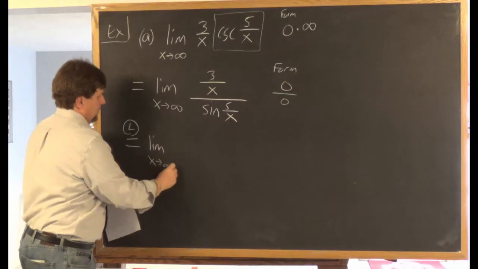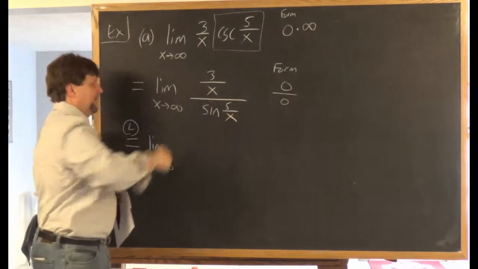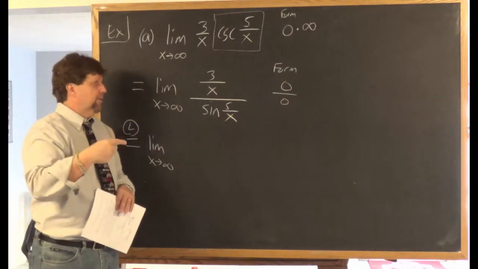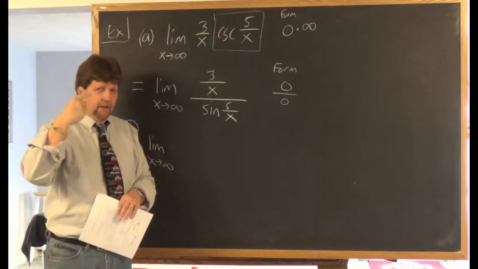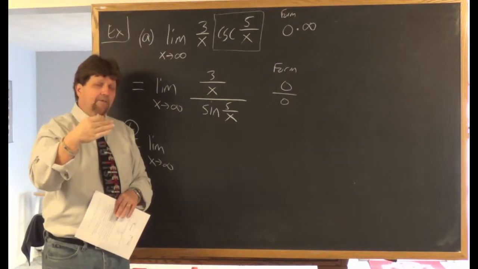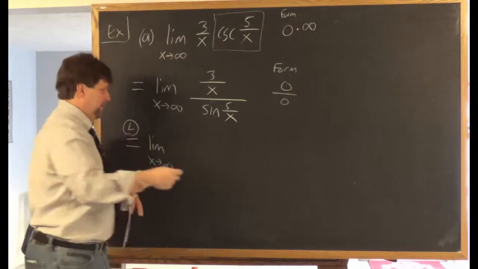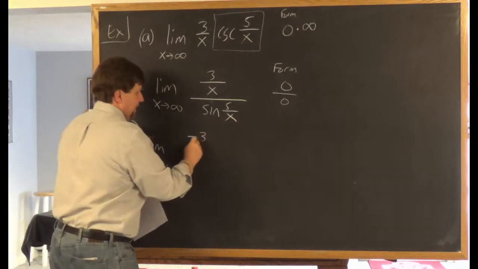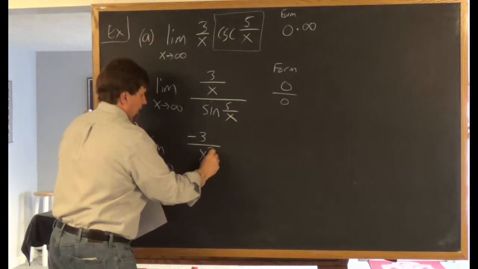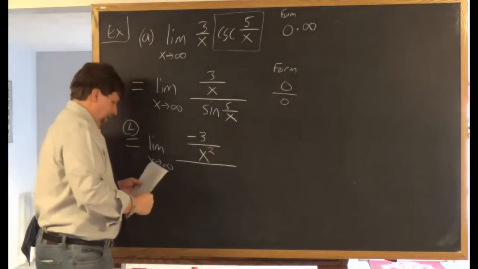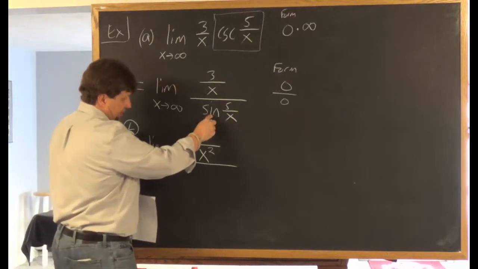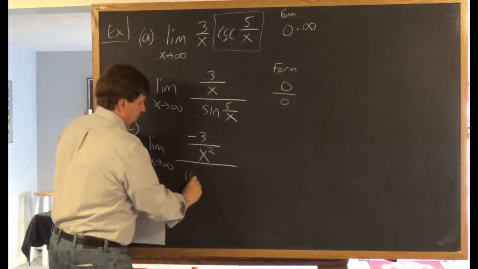And let's see, derivative of the numerator. Well, I look at the numerator, 3 over x. I visualize that as being 3x to the negative 1. So the derivative is negative 3x to the negative 2. Derivative is negative 3 over x squared. Denominator. Well, we know the derivative of sine is cosine.